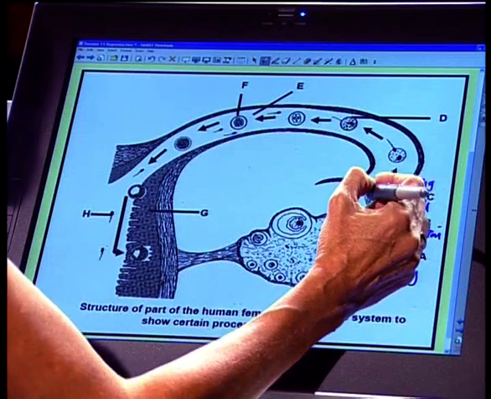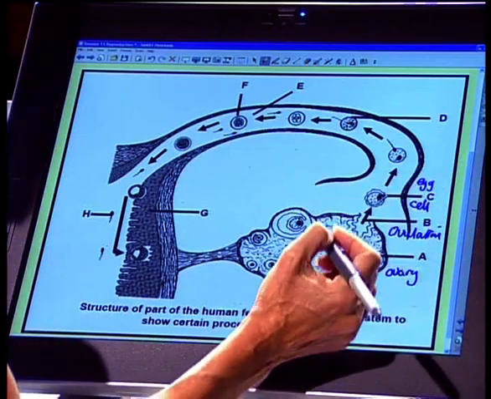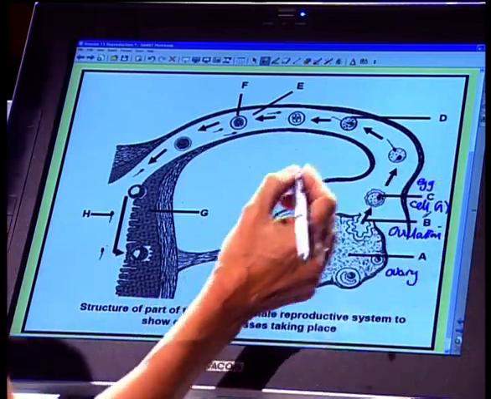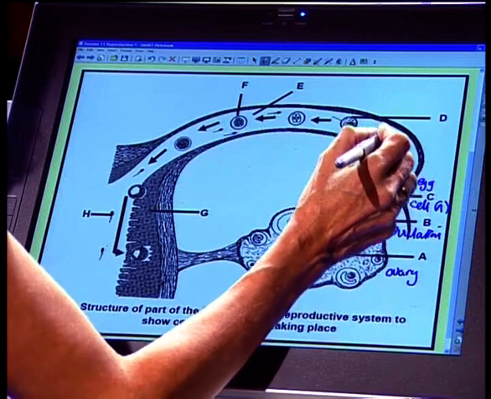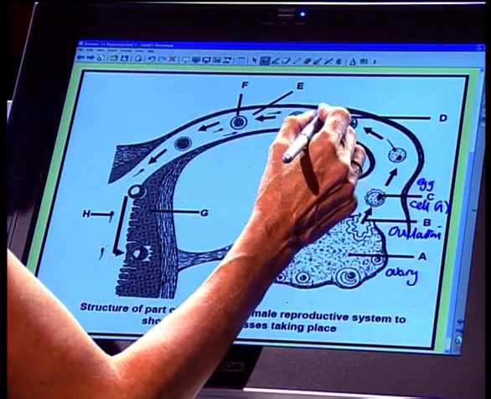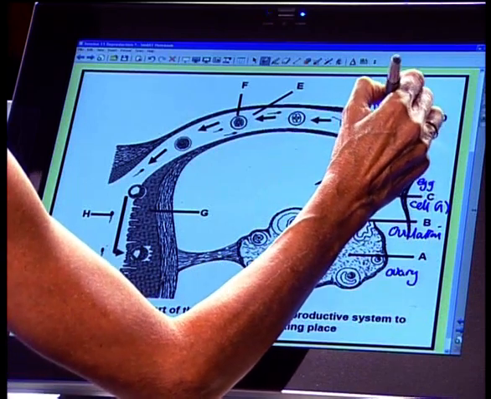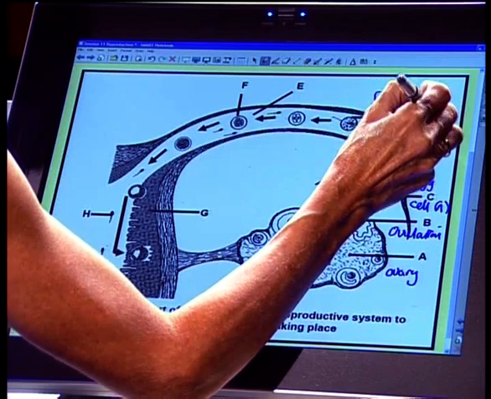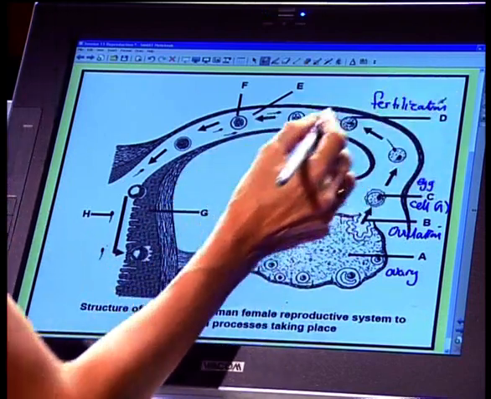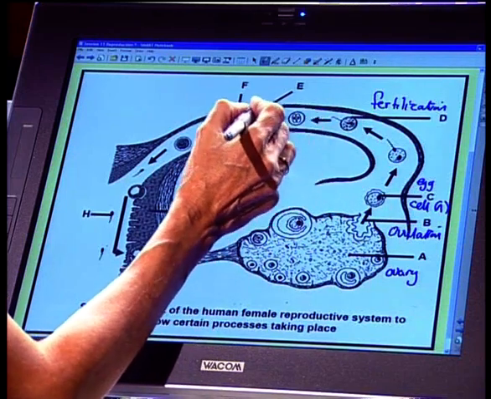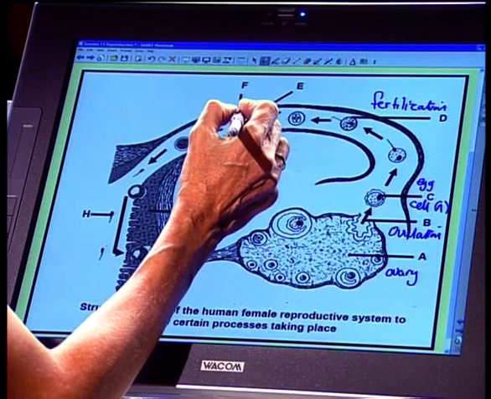It could also be the haploid nucleus. So I would just put egg cell and put haploid behind it. All right? This process then continues. Here the sperm flows into the egg. So this would be fertilization.